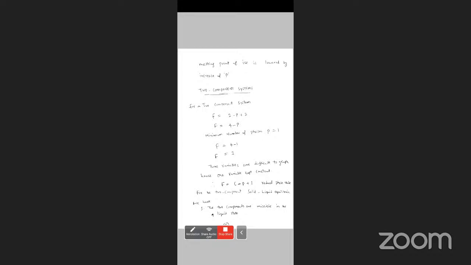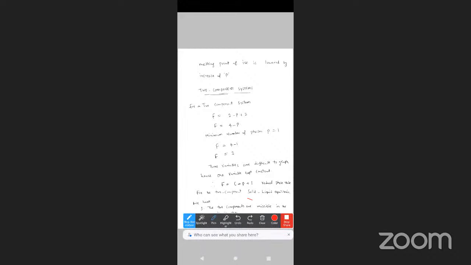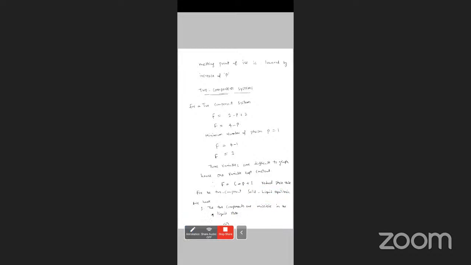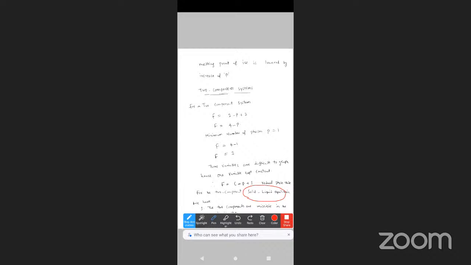Now for the 2 component solid liquid equilibria, we have 2 categories we have to understand. In a 2 component system, the solid liquid equilibria are divided into 2 categories. One, the 2 components are miscible in the liquid state, that is, they dissolve in each other. Miscible.